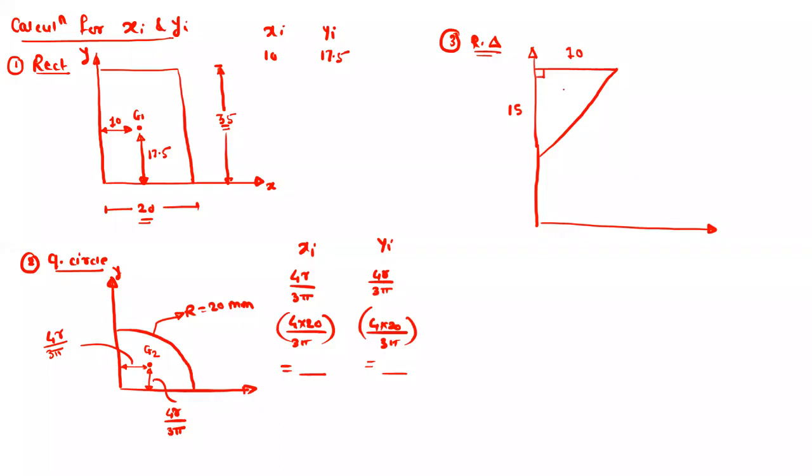If you refer the formula for the right angle triangle, refer the standard formula. In the standard formula, if this is your right angle triangle and this is the x axis and this is the y axis, then this is the position of the center of gravity. This is G, and this is the origin. This distance is the x coordinate.